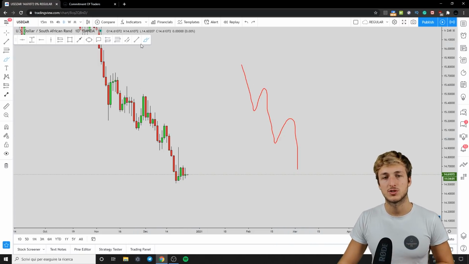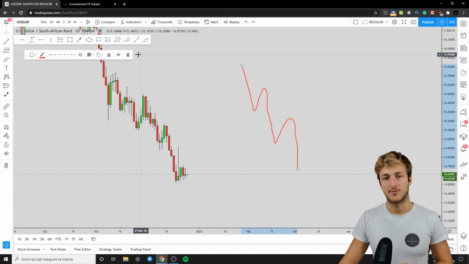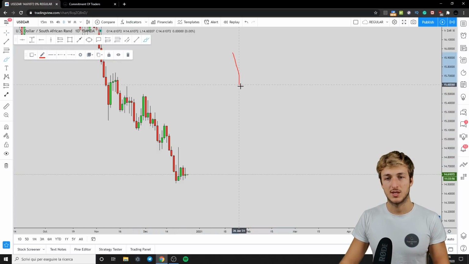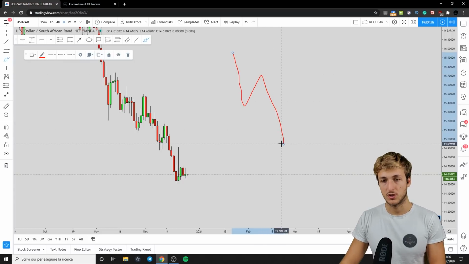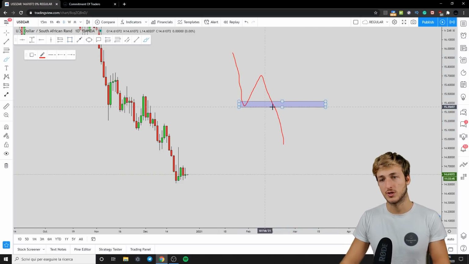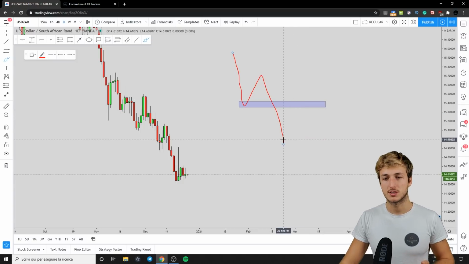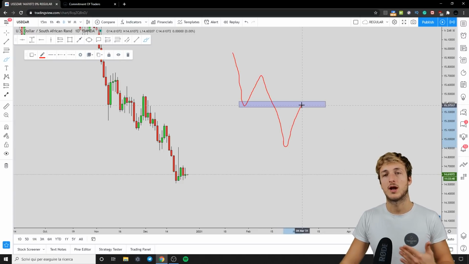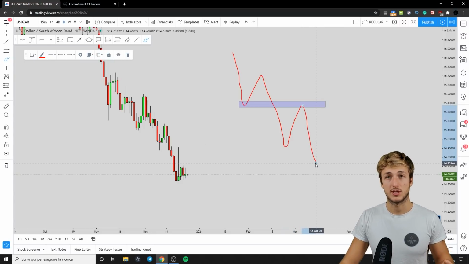Now, when it comes to market structure, you have the market which creates an impulse to the downside, a retracement, a lower low. After the creation of a lower low, this previous support is now turned resistance. Therefore, it is a structure area, previous structure support, which is now turned structure resistance. And you expect the market to go for a retest of this zone and reject this new resistance to the downside.